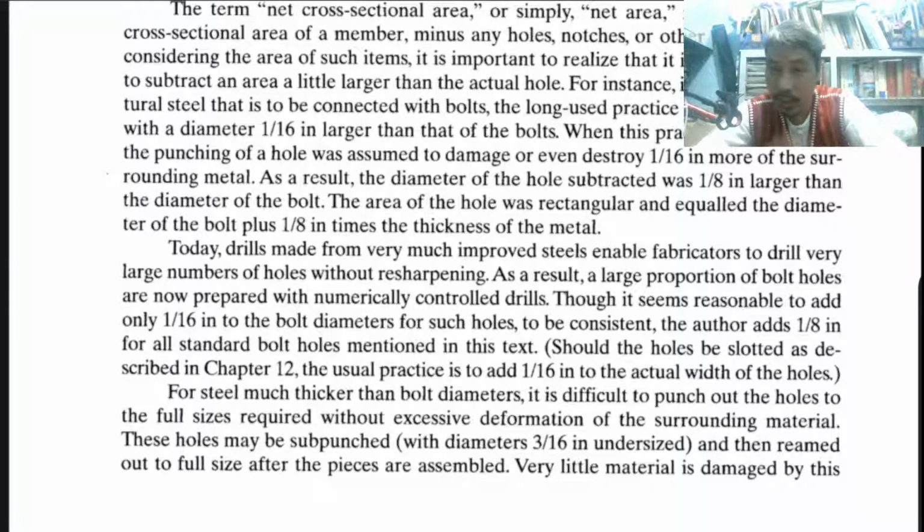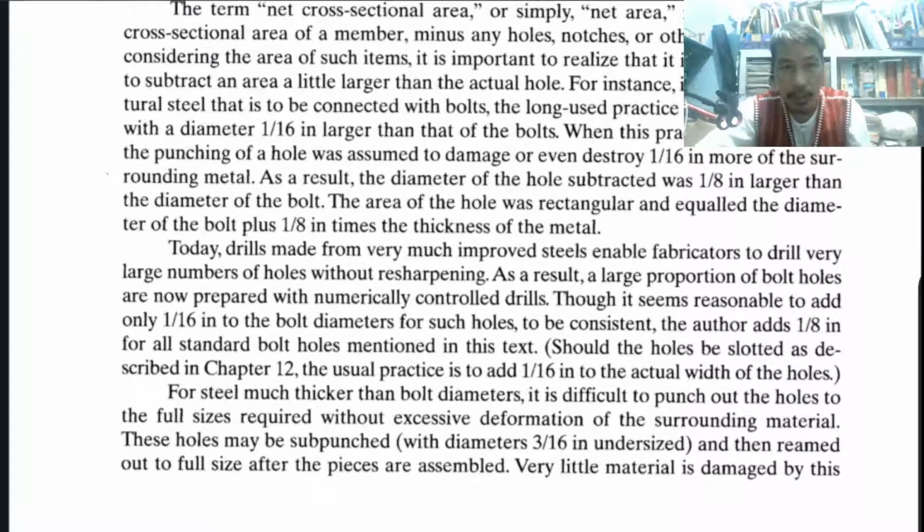What is 1/16 inch? It is 1.6 mm. So the diameter of the hole must be 1.6 mm larger than the bolts. So always plus 1.6.